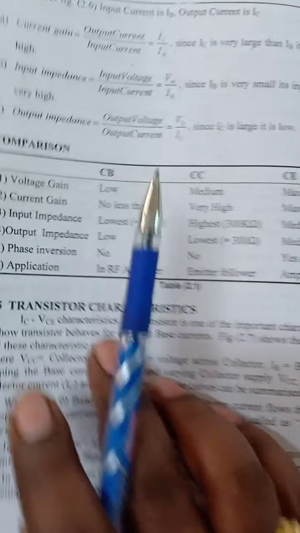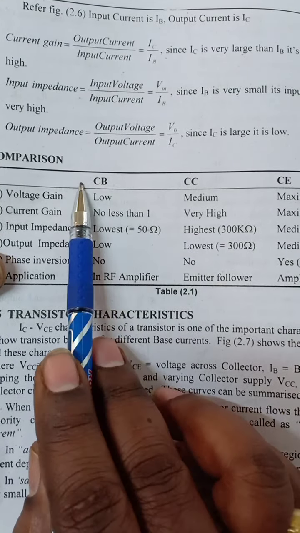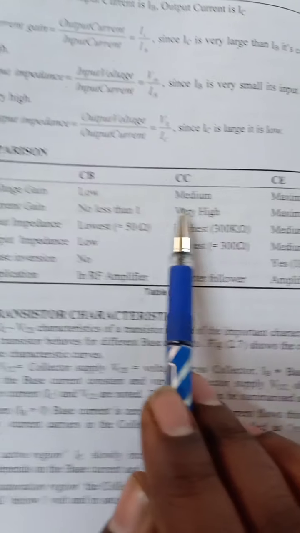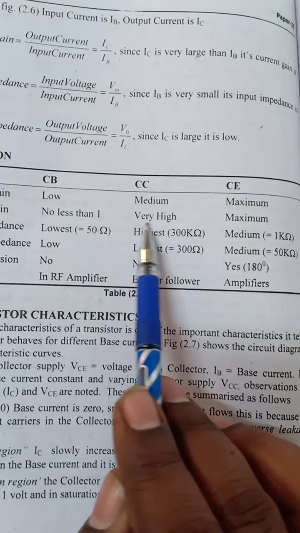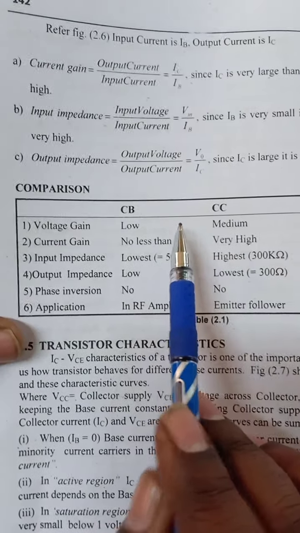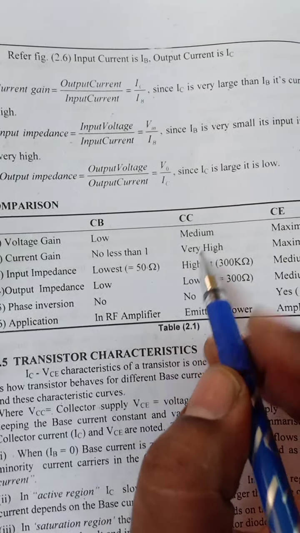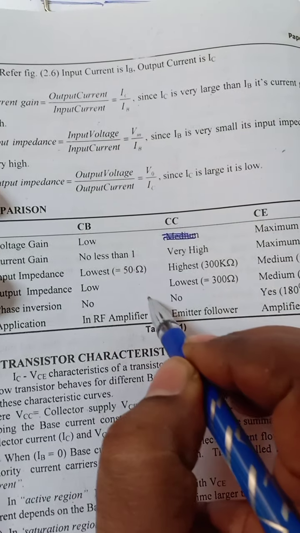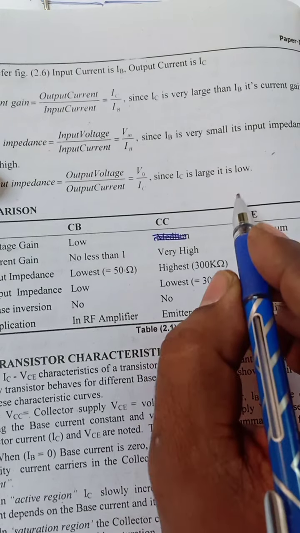So in common base there is some voltage amplification. There is no current amplification, so there is some mistake here. This medium is wrong.